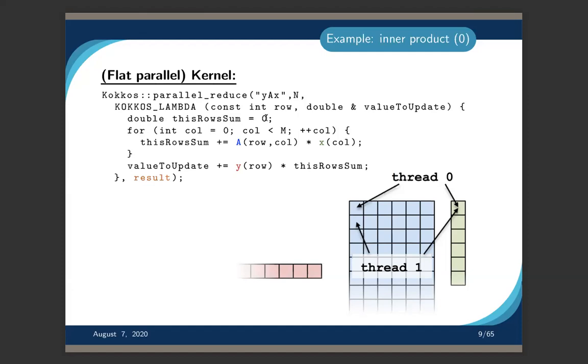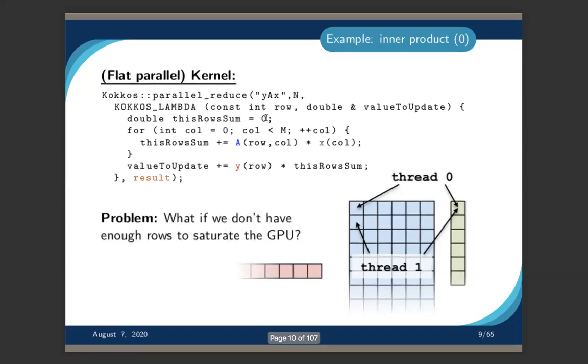We got pretty good performance when we had enough rows, but enough rows was a dicey matter, because you actually needed 100,000 rows or something like that in order to saturate a GPU like a Volta. So what if you don't have that many?